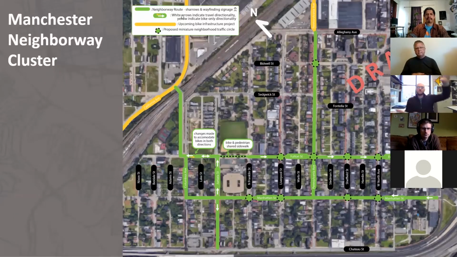This map's important now. Try to orient yourself. So this is flipped on its side to fit on the screen here. But it's important to understand that we want to make sure we are making both north-south and east-west connections through the neighborhood by using the Fulton-Manhattan pair, and then also pairing it up in the east-west direction with Columbus and Pennsylvania.